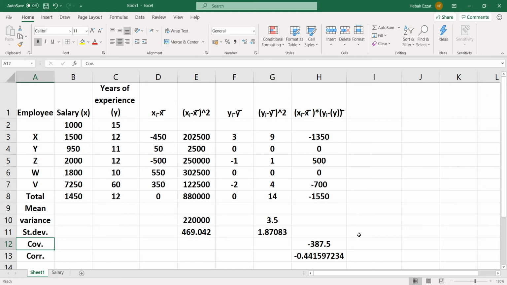If it's 0 or near 0, there is no correlation at all. If it's between 0 and -0.5, there is a negative correlation, but it's weak. If it's beyond -0.5, it gets stronger as it approaches -1. In this case, it's a strong negative correlation between the two variables.